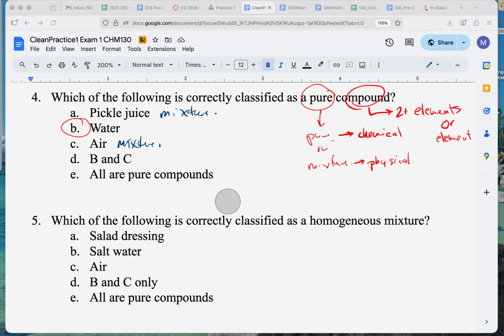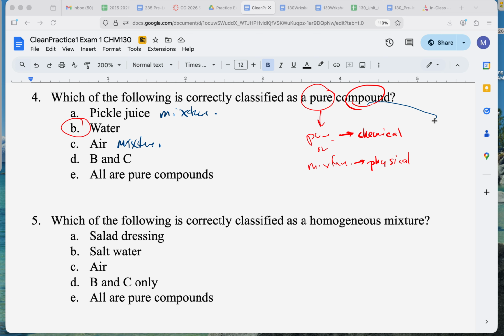Sorry, I know he followed up on this, but I was a little confused on that, where you explained that a compound is two or more elements chemically linked, but then why did we put or element? As soon as he asked it, I was like, I should clarify that because it's not clarified well. So when we did the pull down for the pure, our options for pure could be pure or mixture.